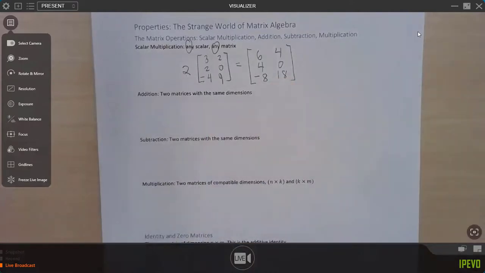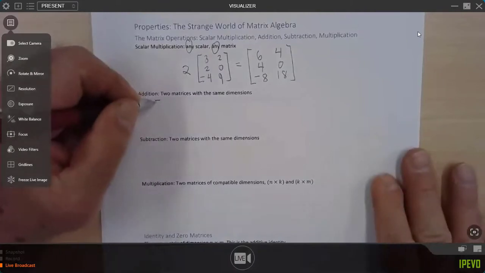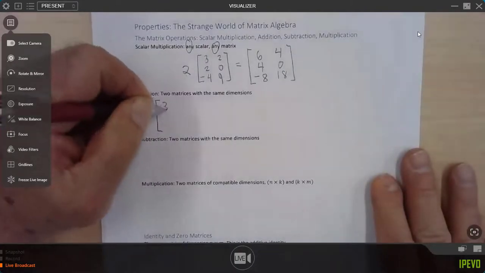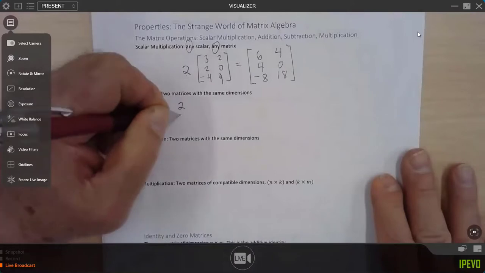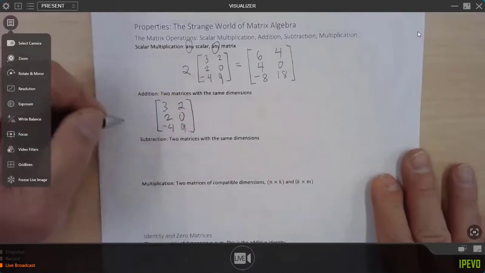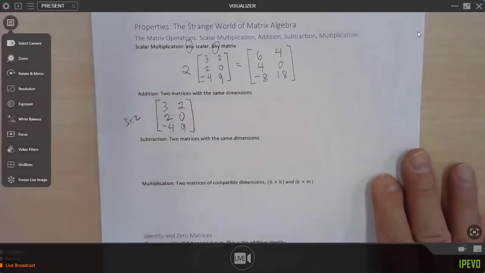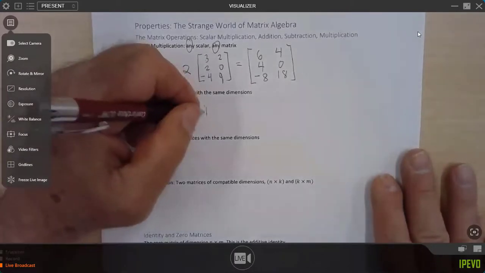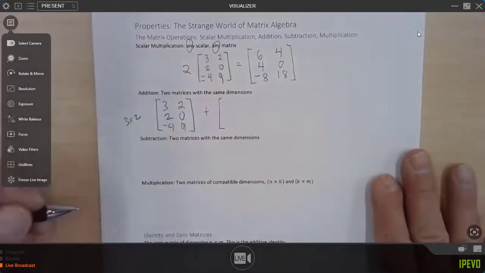Okay, can you add 2 matrices? The answer is yes, as long as they have the same size. So this is a 3 by 2 matrix. I can add it to any other 3 by 2 matrix.